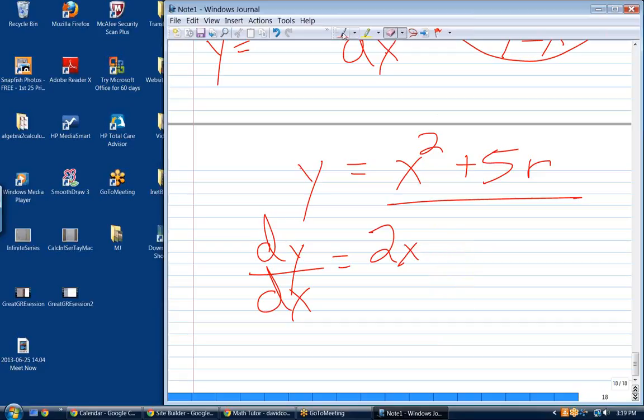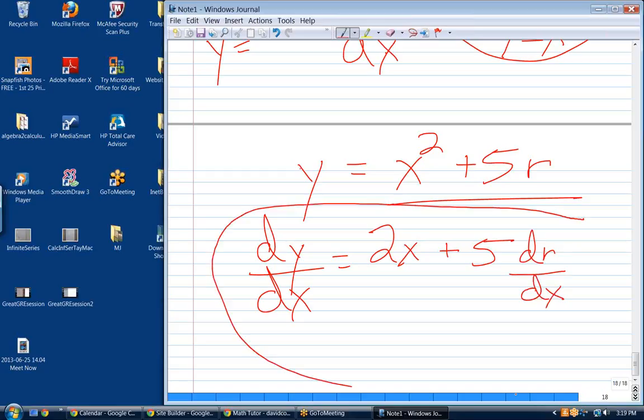Right. Okay. So now I explicitly differentiate the r variable, but since it's r and not x, I have to put the chain rule in there and do that. So that would be dy dx.